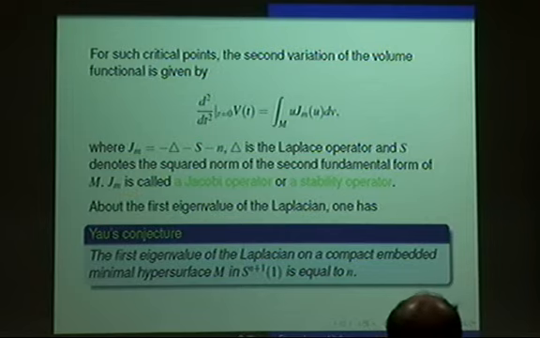In fact, about the first eigenvalue of the Laplacian, we know that Yau proposed the following conjecture. He proposed that the first eigenvalue of the Laplacian on a compact embedded minimal hypersurface in a unit sphere is equal to n.